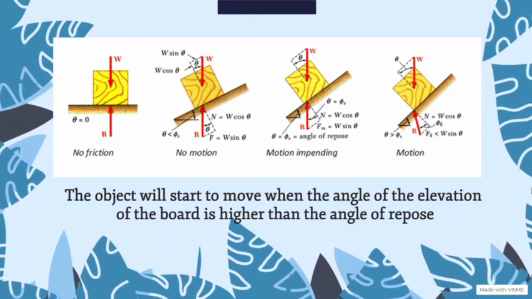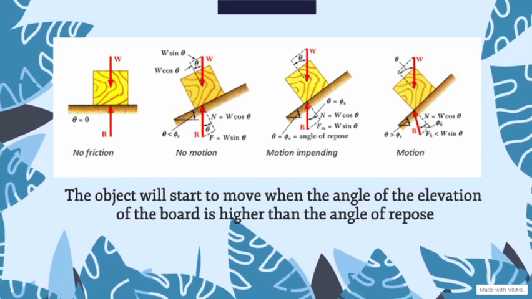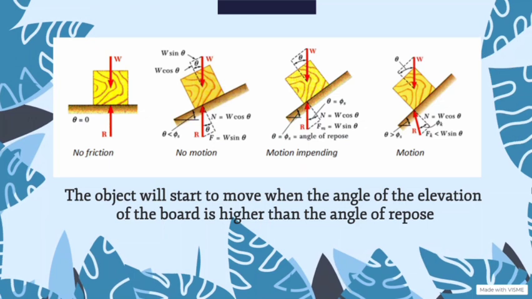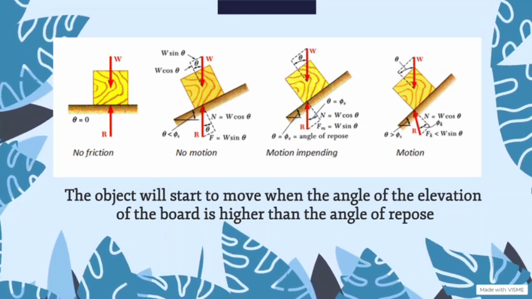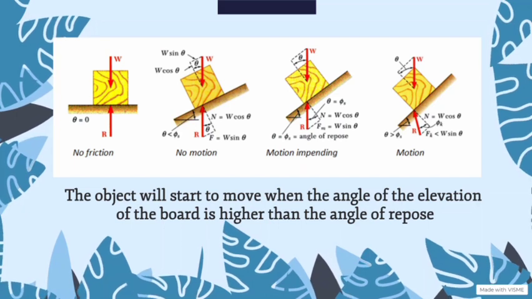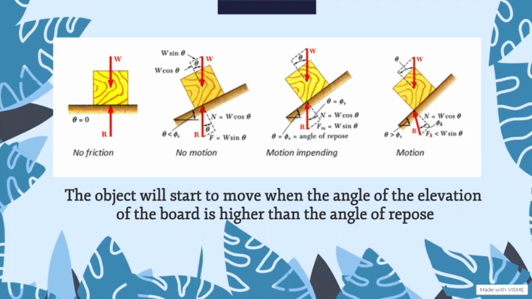This then will allow the object to start to move. So, we can conclude that the object will start to move when the angle of elevation of the board is higher than the angle of repose.